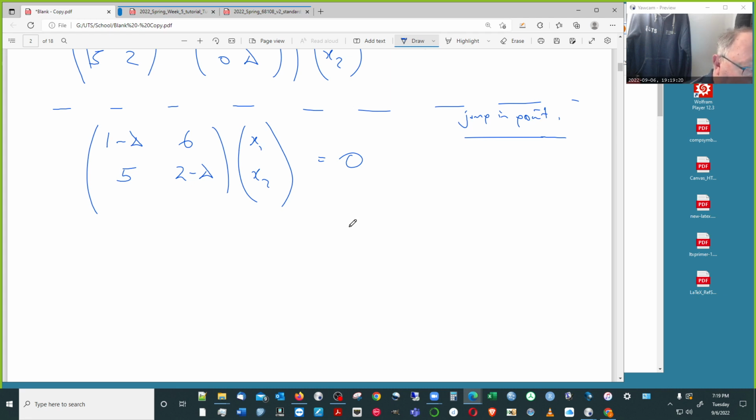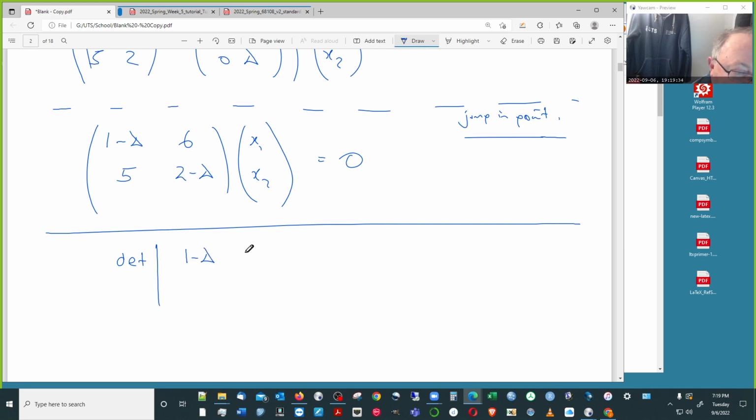So the next thing that we do is put together a determinant using this information. So we take the det of this thing. This is like the next step. So we effectively solve this.